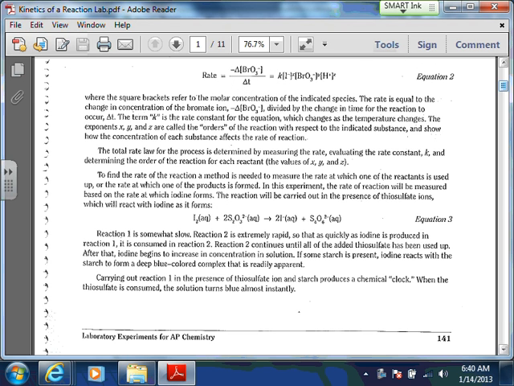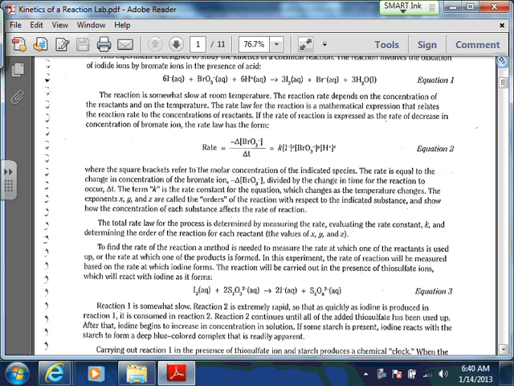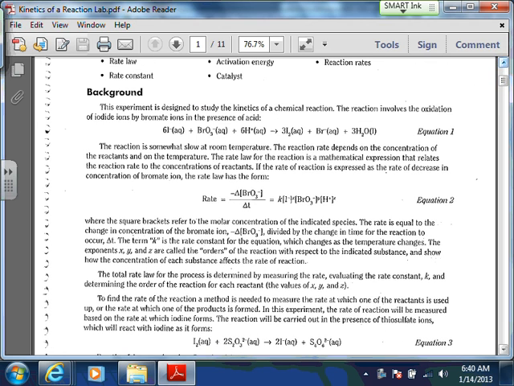Okay, so then we can say, all right, well, the equation I'm really concerned about here, I want to know how much of the BrO3 minus needs to form before this reaction can take place. Now I can relate the I2 to the BrO3 minus, because this reaction happens in two stages.